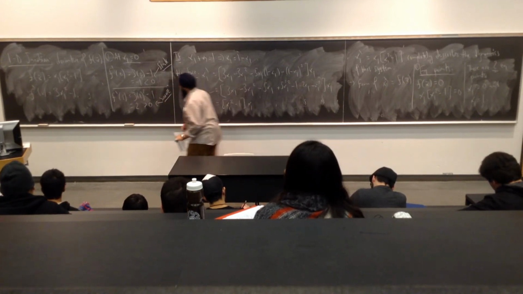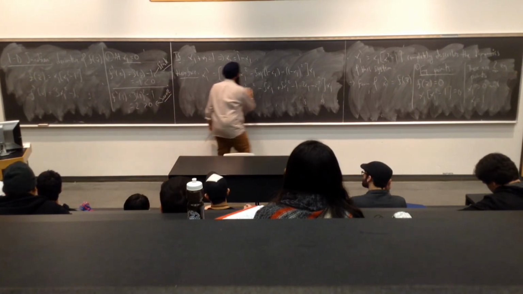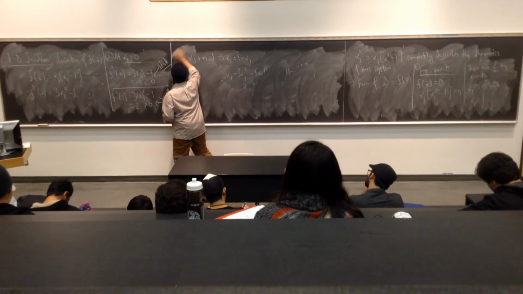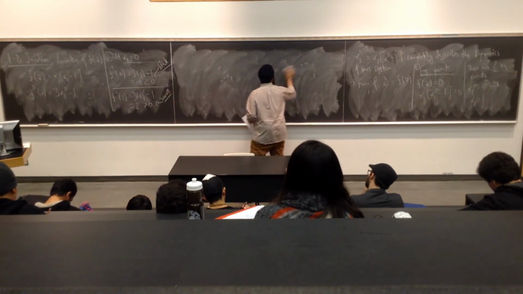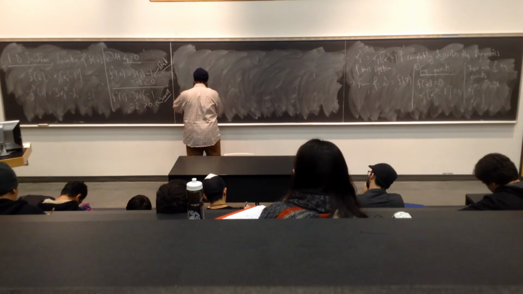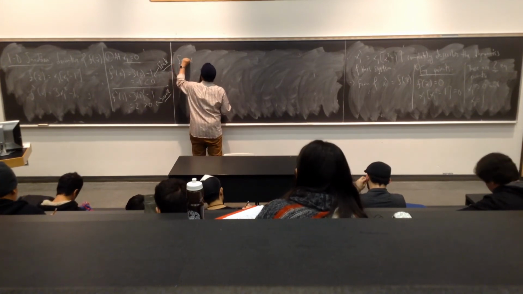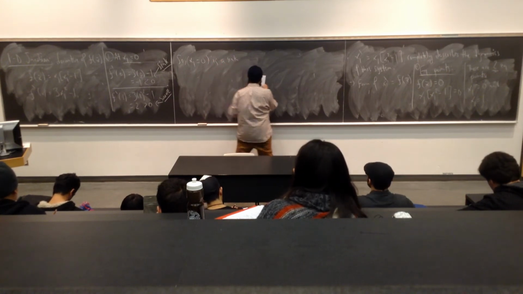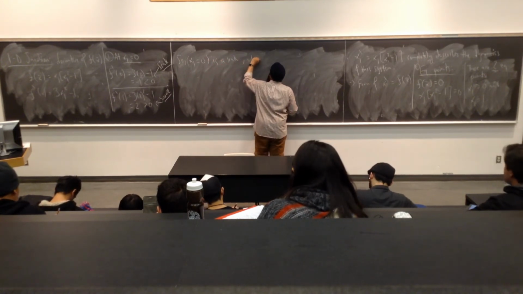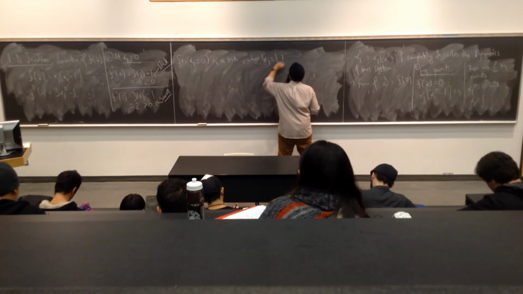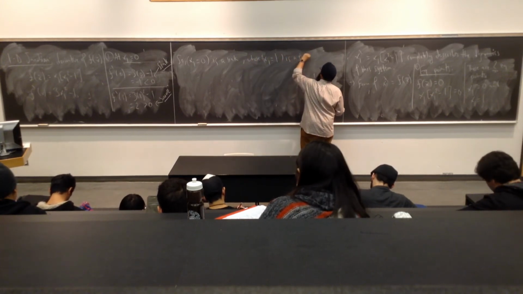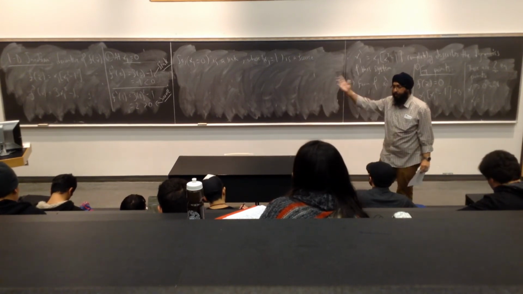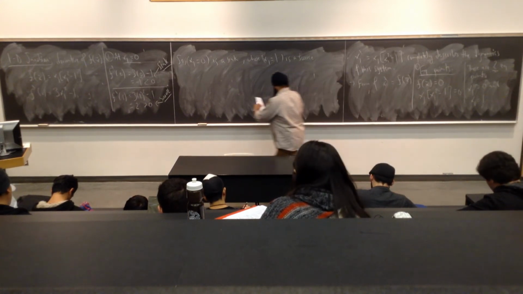In other words, x1 equal to 0 is a sink of the system, whereas x1 equal to 1 is a source, because the derivative is negative in one case and positive in the other, just like having negative eigenvalues versus positive eigenvalues.